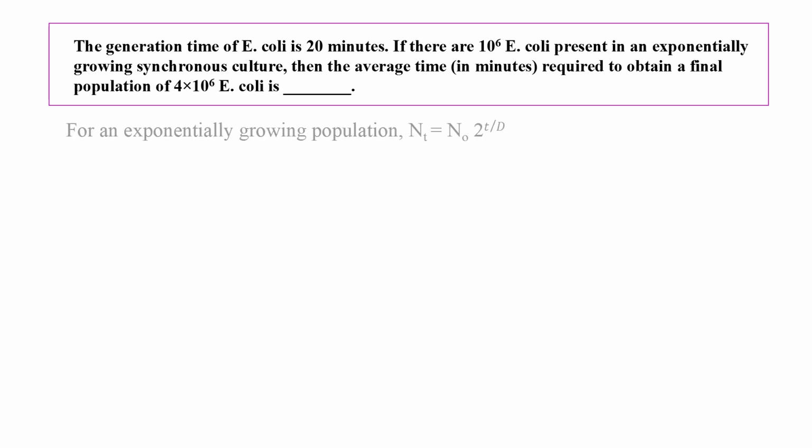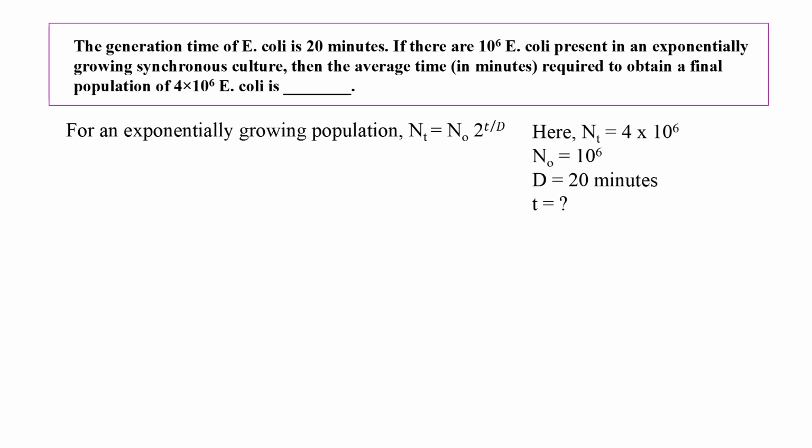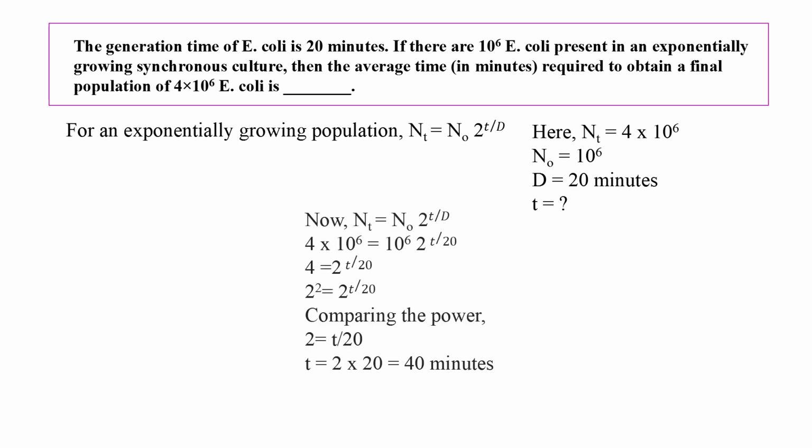For an exponentially growing population, we know that Nt is equal to N0 2 to the power T by D, where Nt is the population at time equals T, N0 is the population at time T equals 0, that is the initial population, D is the doubling time or the generation time, which is given here as 20 minutes, and T is the time that we have to calculate.